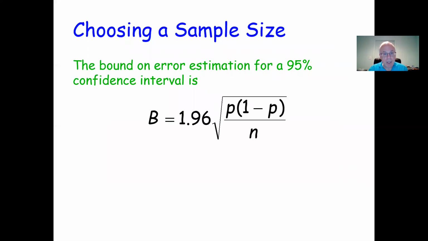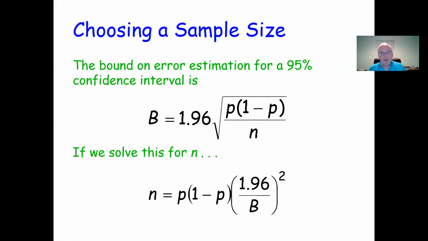Well, if you remember the margin of error, now we use E instead of B here, but that's okay. Just realize this is the margin of error for a population proportion. Notice this formula has n in it. So what we can do with this formula is square both sides and solve for n.